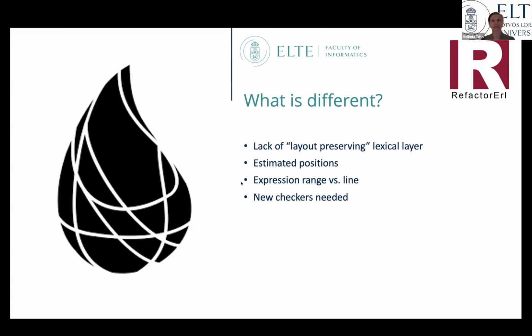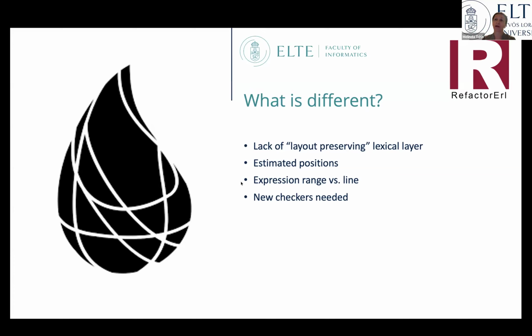But Elixir has its own standard library that has its own vulnerabilities. So we had to add new checkers reflecting the Elixir standard library. There is a significant difference in the result of the Elixir and Erlang application candidate list.